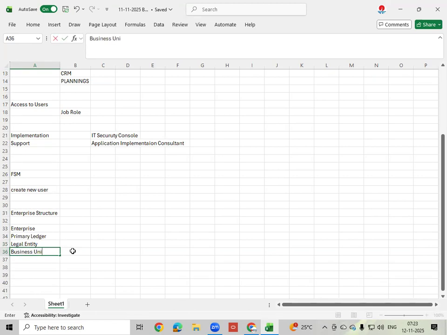See, at primary ledger and legal entity level, we will not create any business transactions. At business unit level, we will maintain business transactions, business activities, business operations.